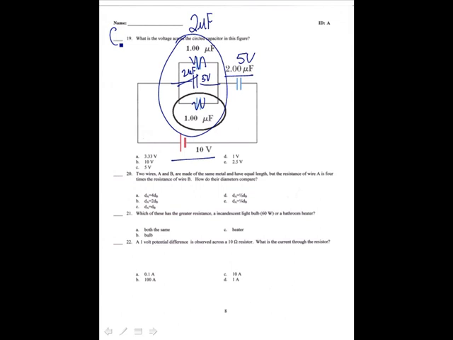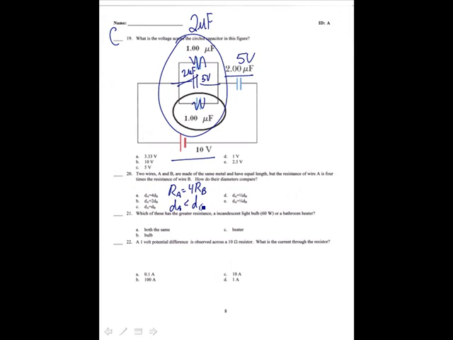Two wires A and B are made of the same metal and have equal length, but the resistance of wire A is 4 times the resistance of wire B. That means that the diameter of A has to be less than the diameter of B, because its resistance is greater.